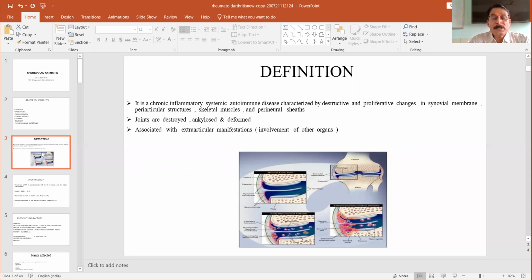So joints usually are destroyed, leading to deformity, various deformities. And finally, it may go to ankylosis because the articular cartilage is destroyed. Associated with extra-articular manifestations, certain organs are affected, mostly, not all. We'll talk about it.